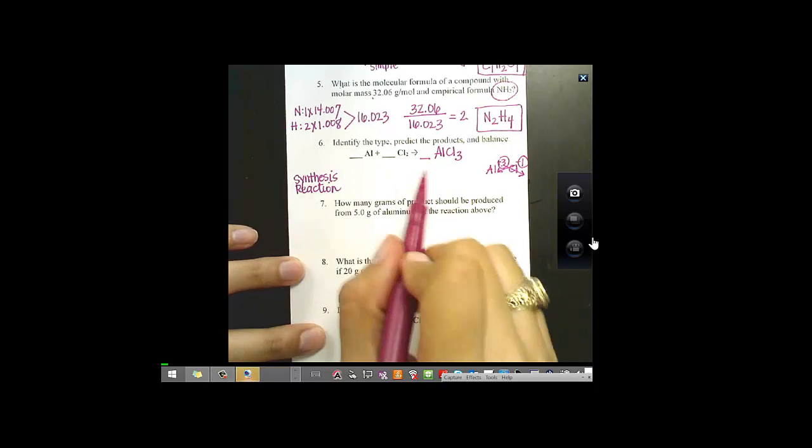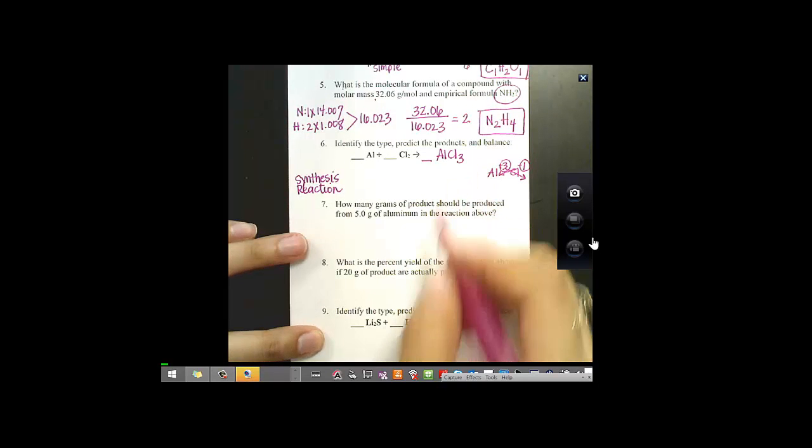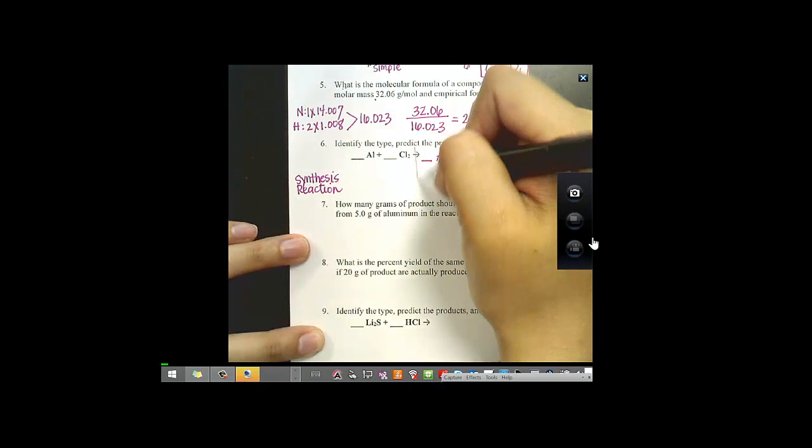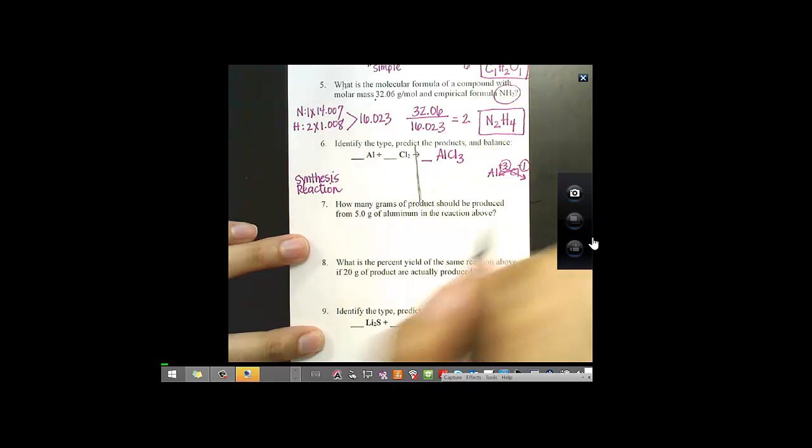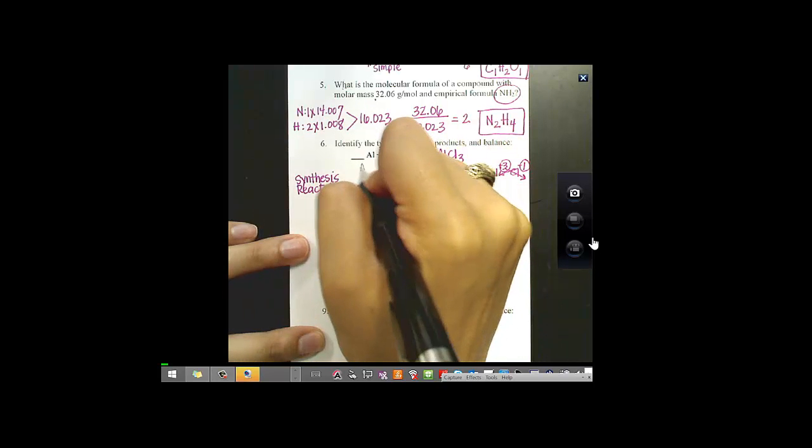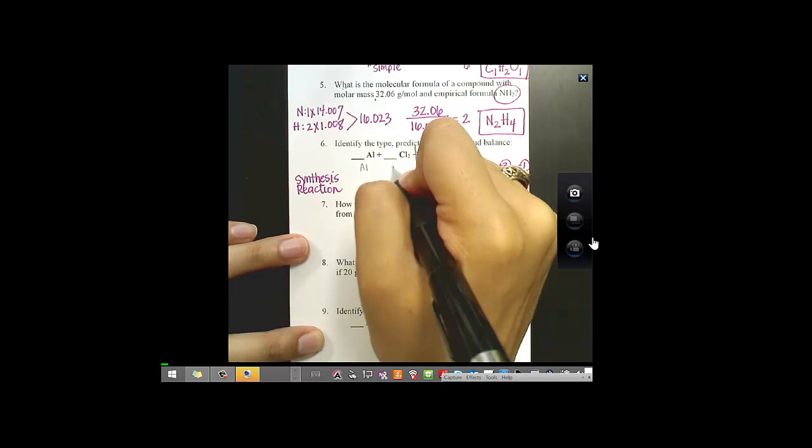So we identified the type of reaction, we predicted the products. All that we have left to do is balance. So when we balance our reaction, I'm going to divide my reaction in half at the arrow. And I can draw out what I have. I have aluminum. I have Cl2, which means there's 2 chlorines bonded together.